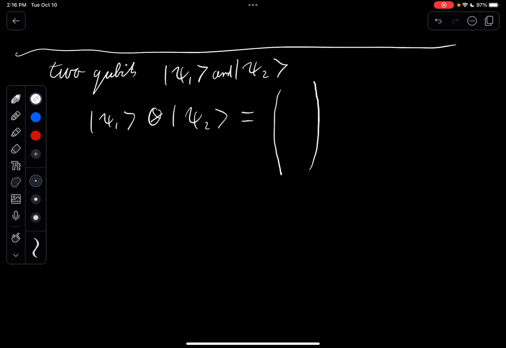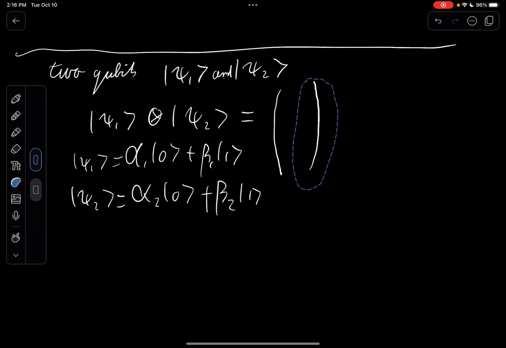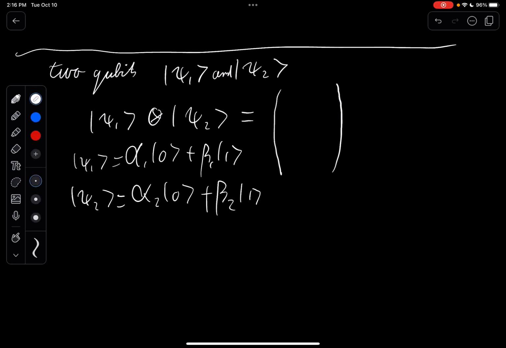Let me explain. So if psi 1 is alpha 1 |0> plus beta 1 |1>, and psi 2 is alpha 2 |0> plus beta 2 |1>, then the tensor product was given by the following.